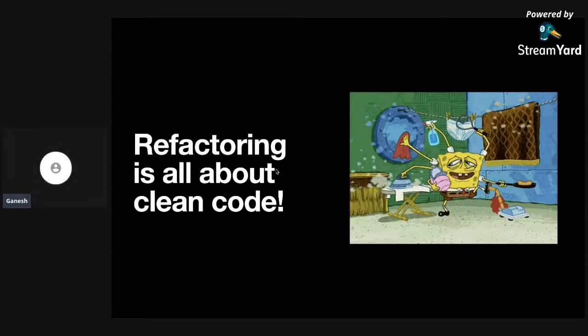ReSharper and Rider automatically identify the smells in the code, right? Also, if you just click on any code segment and choose refactor this, you will have options thrown up for you to think about the possibilities of how the existing code can be transformed or improved.